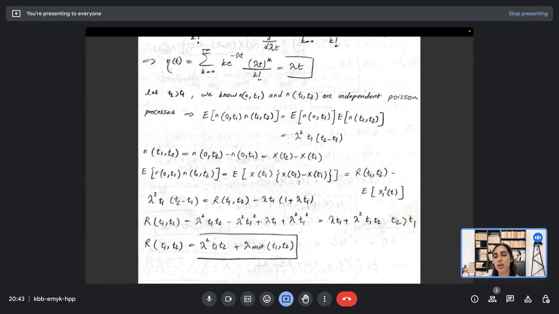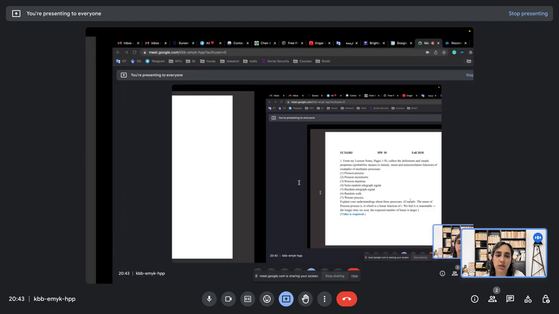We know that the number of incidents of the Poisson process between time t1 and t2 is equal to the number of times that specific incident has happened between 0 and t2 minus between 0 and t1. So n of t1 to t2 is equal to x of t2 minus x of t1.